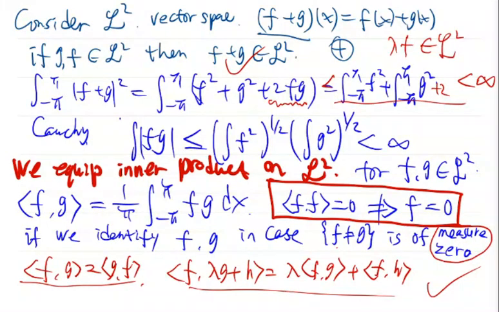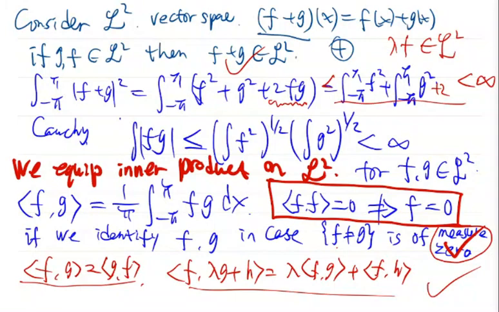But if we identify two functions which are almost identical, that is, the set where they are not equal is a negligible set, that is what we call measure 0. But we could not give the precise meaning of this terminology. So in this way, this is really an inner product. We should not be so legal here.